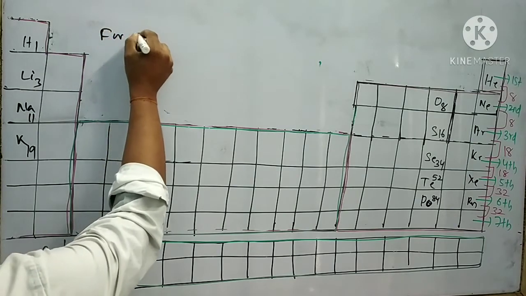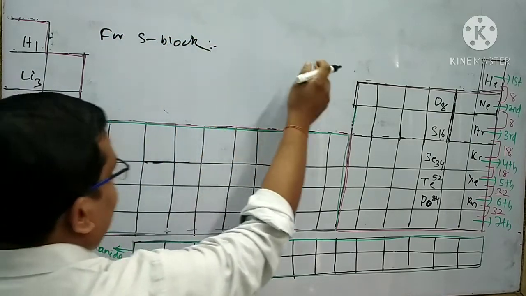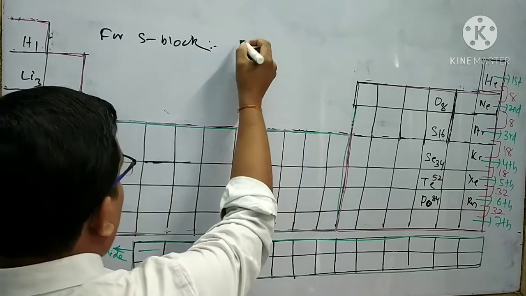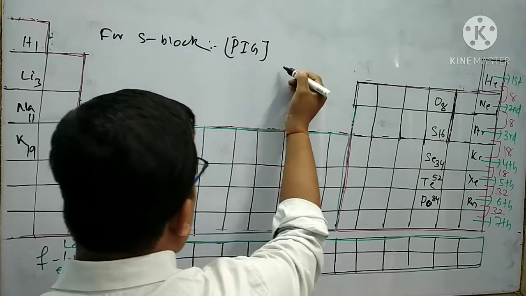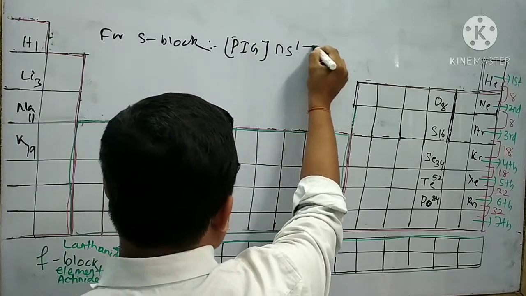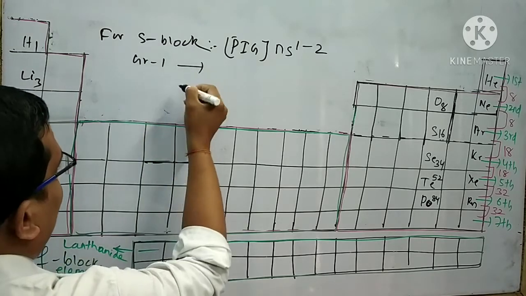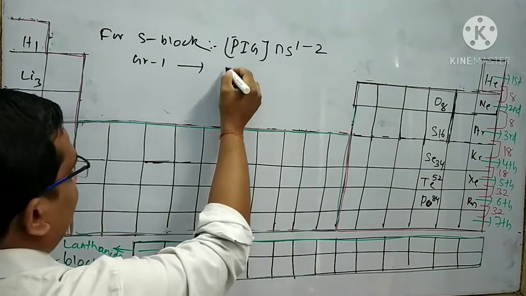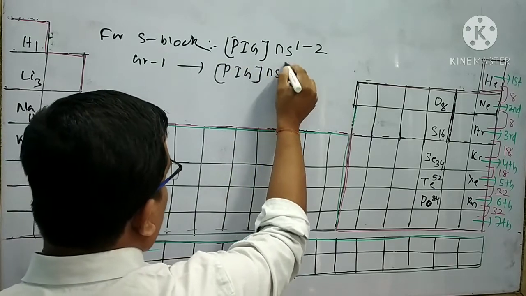For S block elements, the general electronic configuration is previous inert gas ns1 to 2. For group 1, the electronic configuration is previous inert gas ns1.